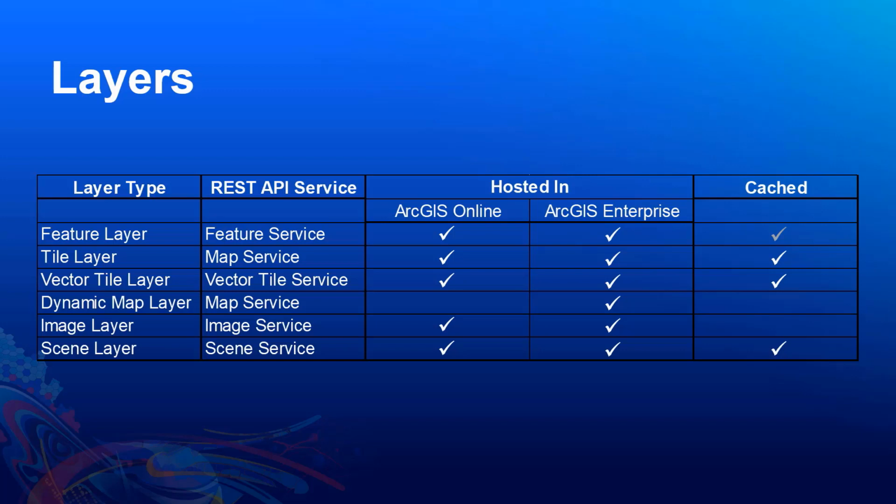So for example, load time versus interactivity, or pre-computed and cached layers, such as the tile layer, versus layers that are more dynamically computed and sometimes cached, such as the feature layer. So as you start thinking and planning for the different types of data that you want to use and how you want to represent them in your application, it's really important that you understand these differences.